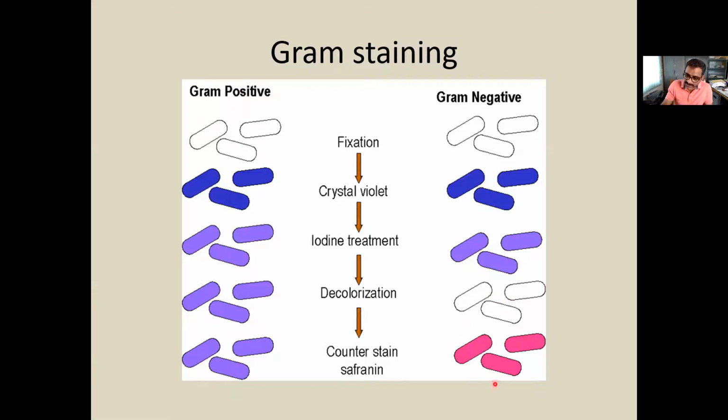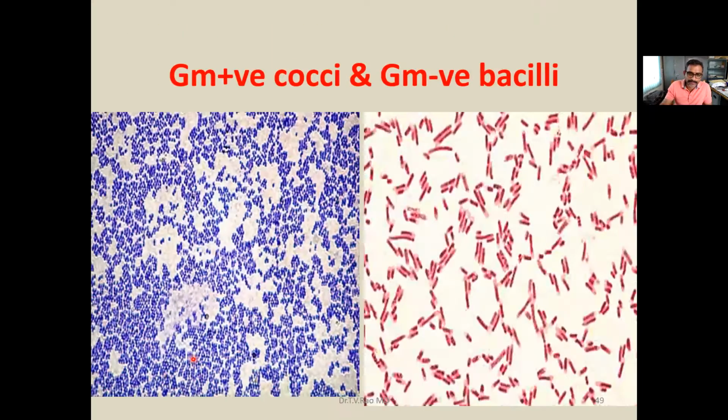So it will take the counter stain safranin and looks purple in color. Whereas the gram-positive bacteria, which is already saturated with the crystal violet, will not take another stain. So it looks blue or violet in color, whereas gram-negative bacteria taking the second color will look purple or red in color. So this is the procedure of gram staining.